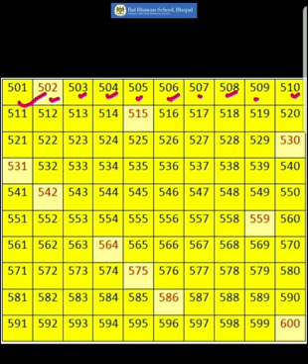And at last children, here you can see after 599 what will come? Yes, what you have got, it is 600. Okay, so this way you have to count and you have to fill the grid.